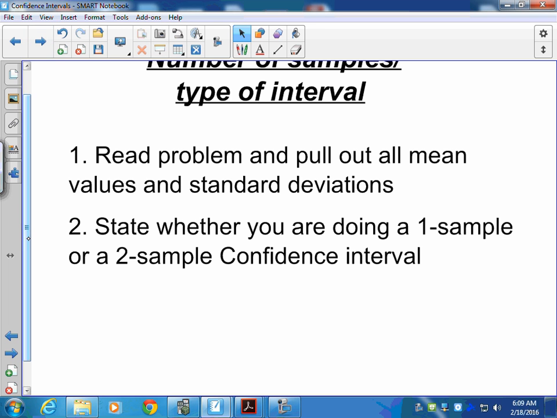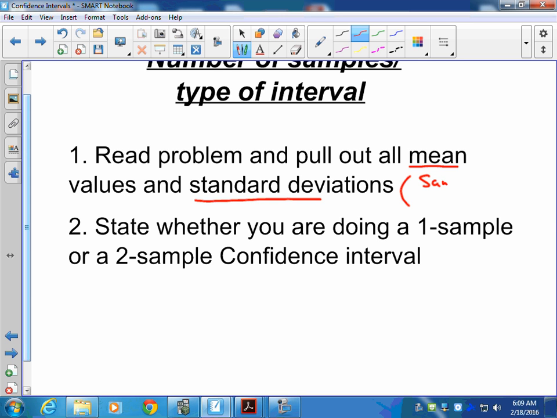But as you're looking at the problem, first thing you want to do is read through the problem and pull out all of your mean and standard deviation calculations. And the big thing that we're looking for here is the fact that it's a sample standard deviation, where they might denote it with an S of X term.